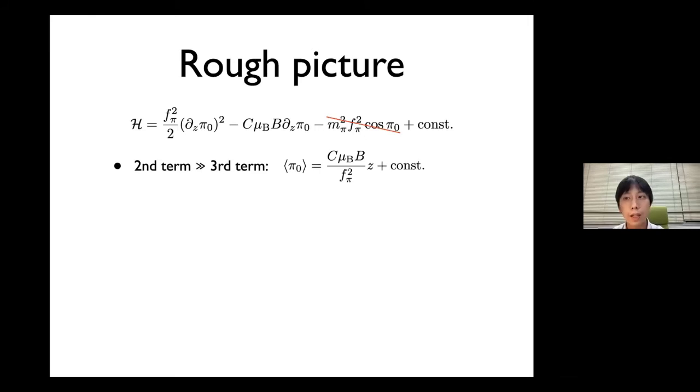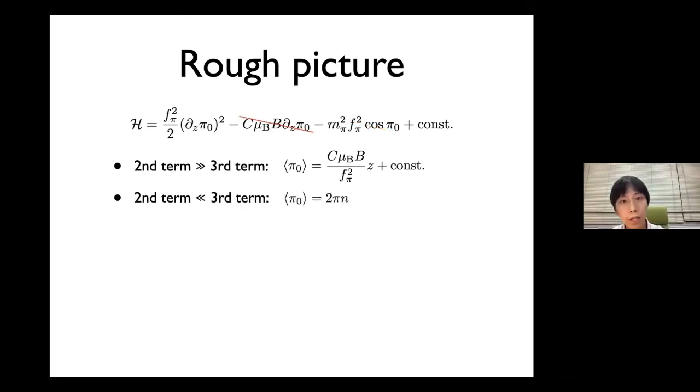In this case, we can complete the square in terms of del z pi, because we have del z pi squared and del z pi, to obtain the minimum of this Hamiltonian, and the minimum is achieved when this del z pi is proportional to b with some prefactor. So in that case, the expectation value of the pion field grows linearly as a function of z. That is the first case.